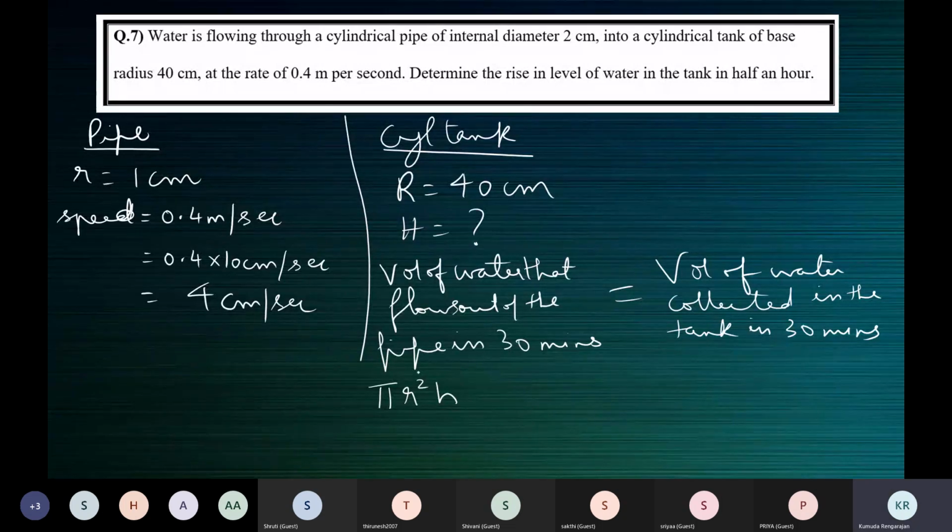For 1 second it is 4 centimeters. If you multiply that by 60 seconds, you will get for 1 minute. Now into 30 will be for 30 minutes.